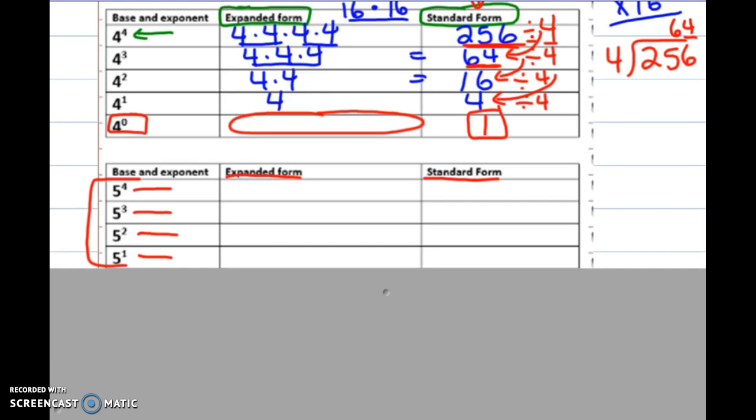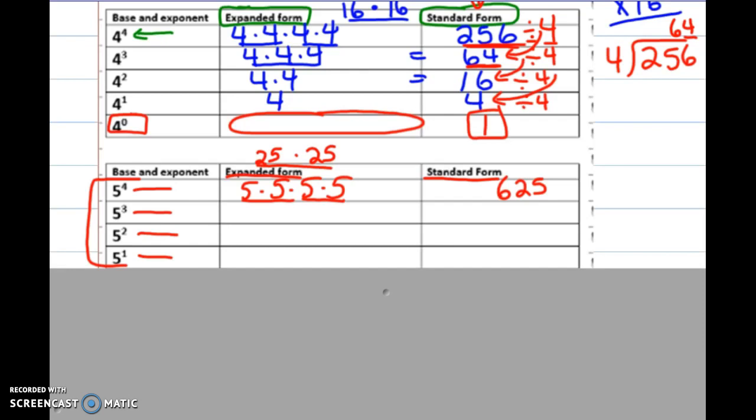Okay, you're going to check your work. You should have written 5 times 5 times 5 times 5, and after you did all of that multiplying, 5 times 5 is 25, and when you multiply 25 times 25, you should have gotten 625. If you did not get that, go back and redo your multiplication.